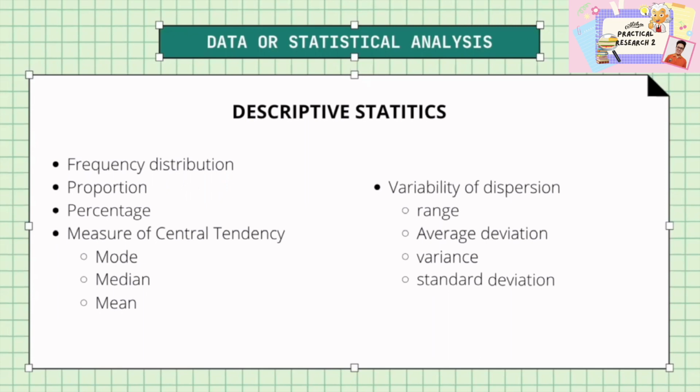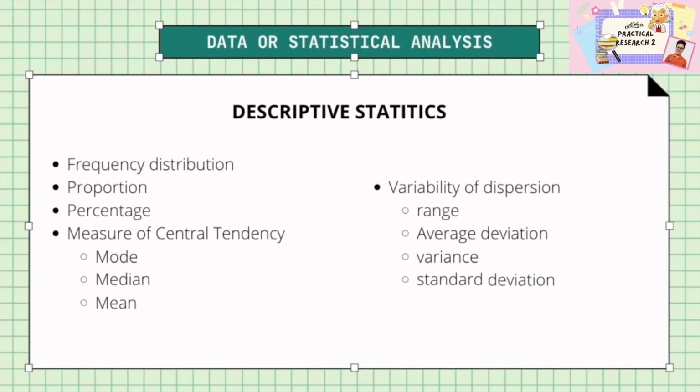Proportion is the total frequency divided by the number of cases in each category. It can be derived from the frequency distribution table. Percentage is the proportion expressed in percentage, computed as proportion times 100.